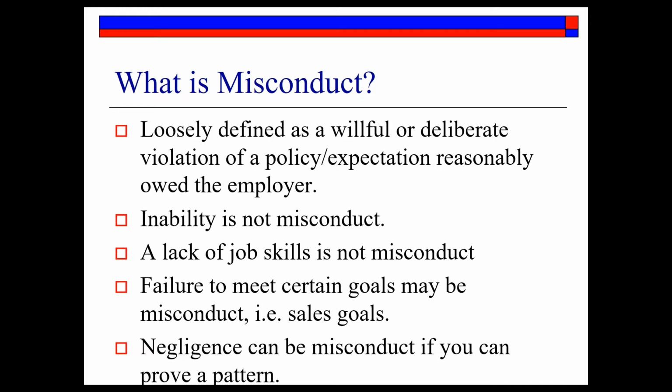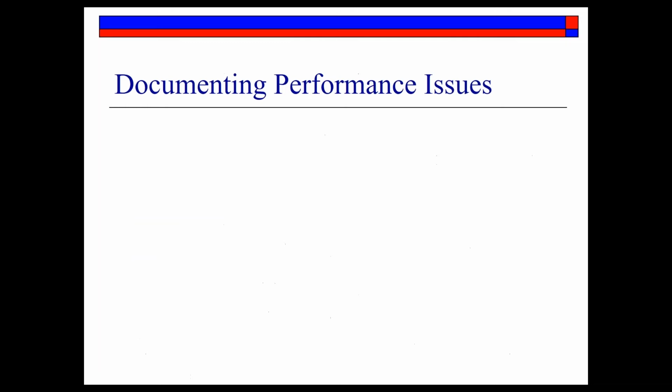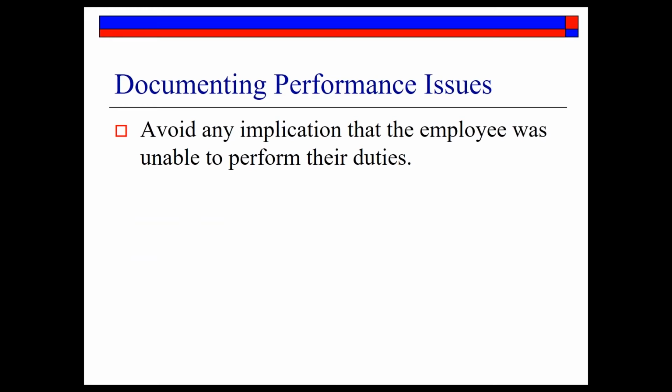Now, when you document performance issues, there are some very clear things that you want to do when you're writing a written warning for performance-based issues. Here's probably the number one thing that most employers do wrong: they imply that the claimant, the employee, was unable to perform their duties.